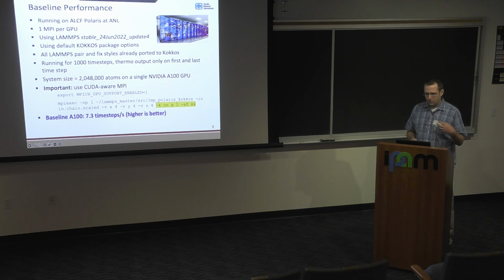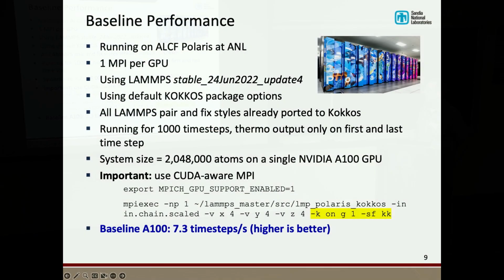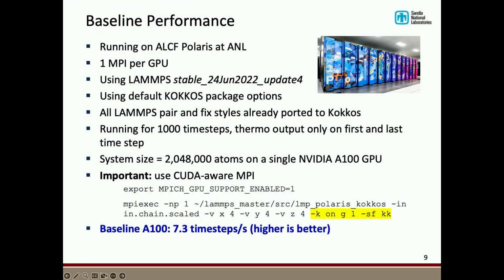Okay, so all of my benchmarking is done on the Argonne ALCF Polaris. It's an A100 GPU. To do my baseline, I'm only using 1 MPI rank per GPU. I'm using the LAMMPS stable version, the latest stable, using all default Kokkos package options.